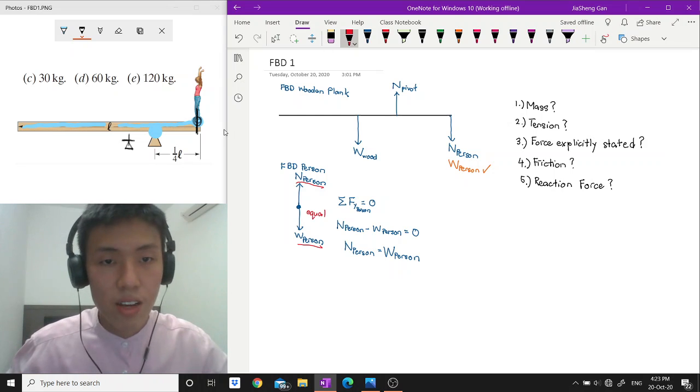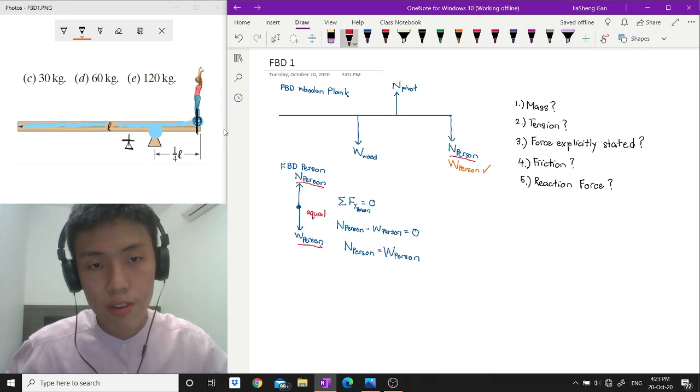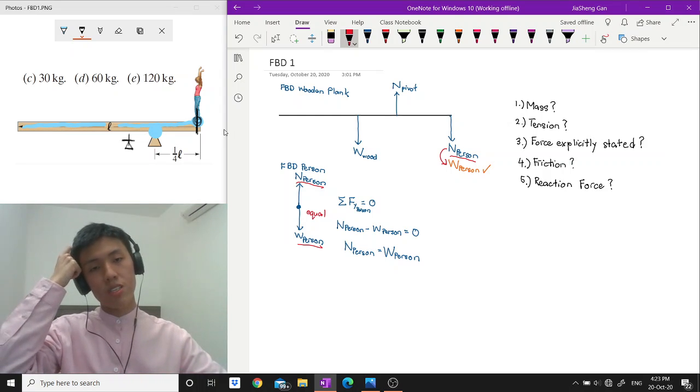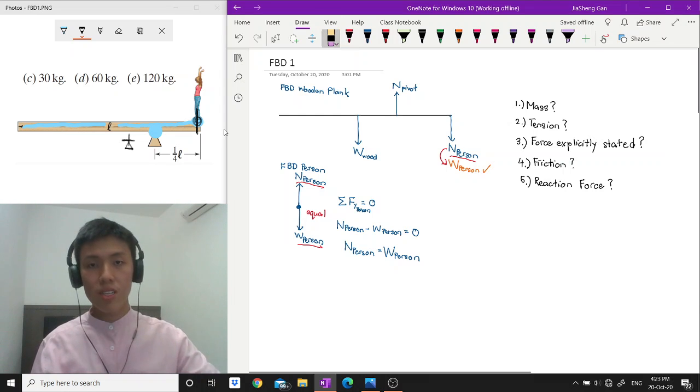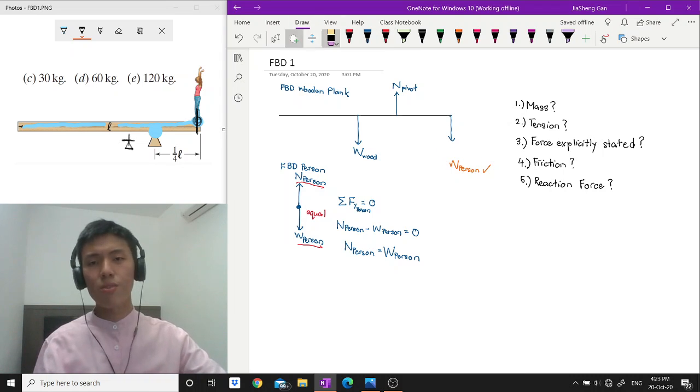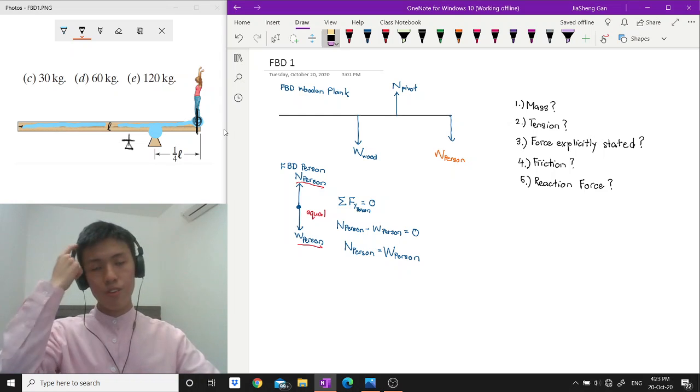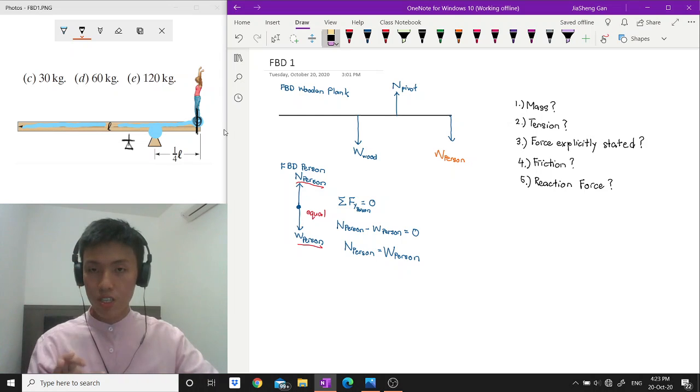That's why instead of writing normal of the person, you can write the weight of the person. Don't need to write so many things. So usually in college, in matriculation, everywhere, we just write the weight of the person. Okay, so that will be a complete free body diagram for the forces.